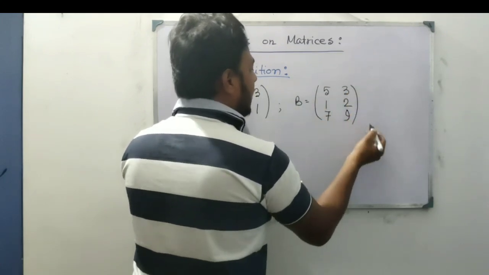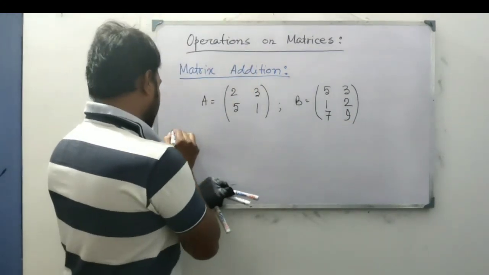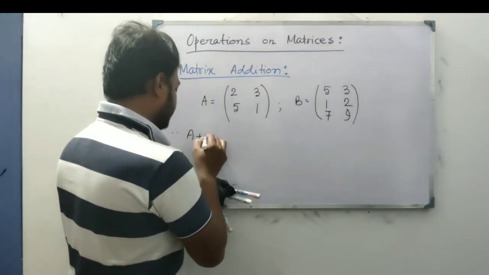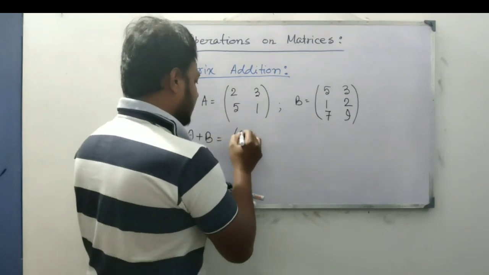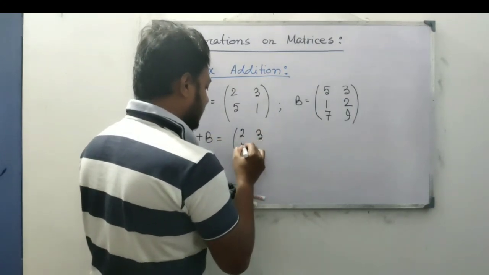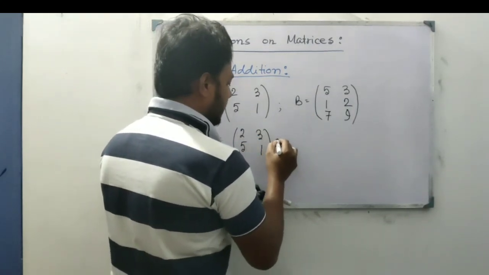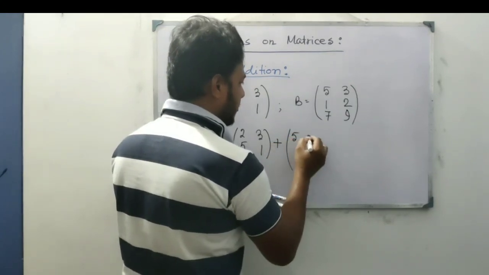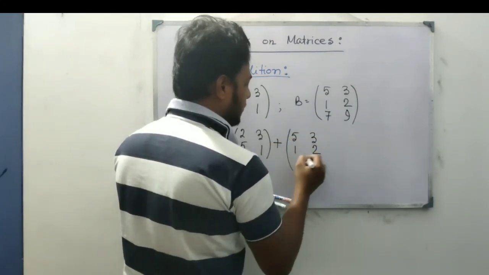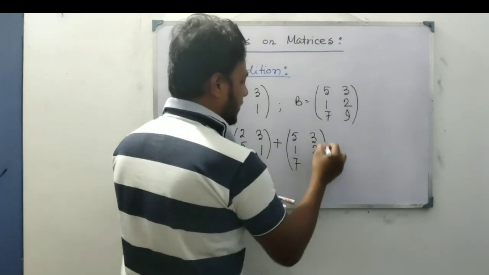Now if we try to add these two matrices, A plus B, we don't know whether it is possible or not, but we are trying. 5, 3, 1, 2, 7, 9.